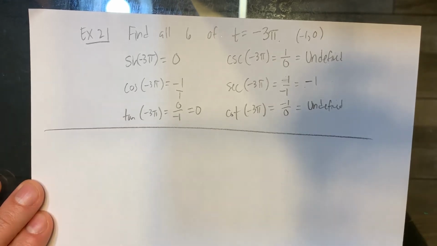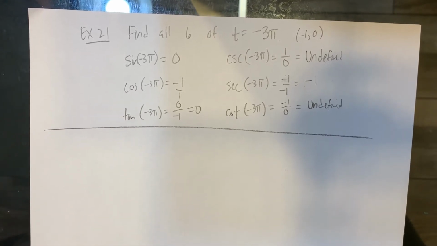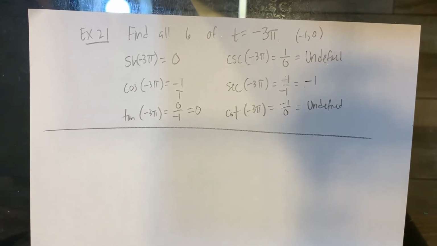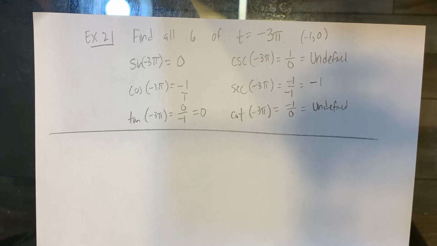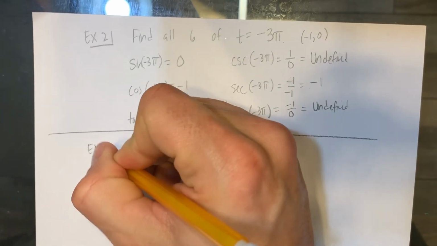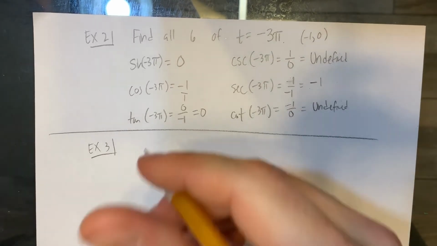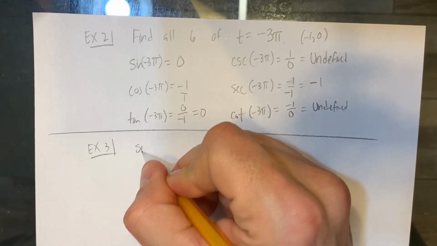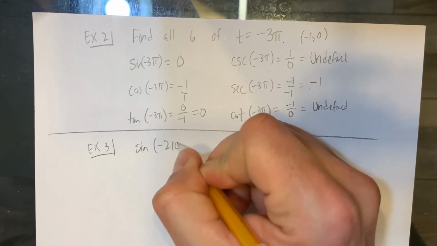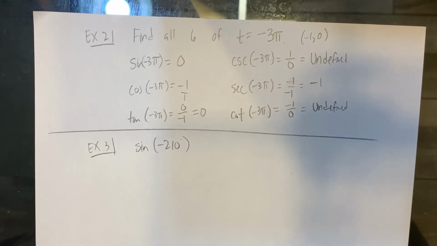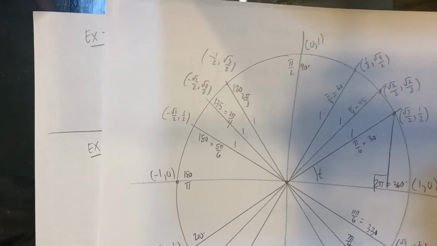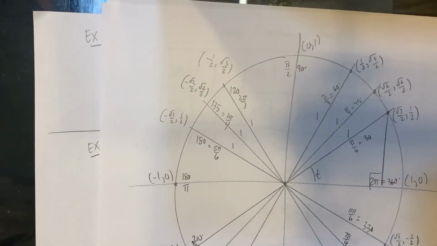All right, one of the last things that I want to show you, and we're going to be done for this video, is some of the negative angles. We're going to talk about some of the flipping around. So if I just grab one here, if we say sine of negative 210, I can find 210 easy on the circle. 210 is here.